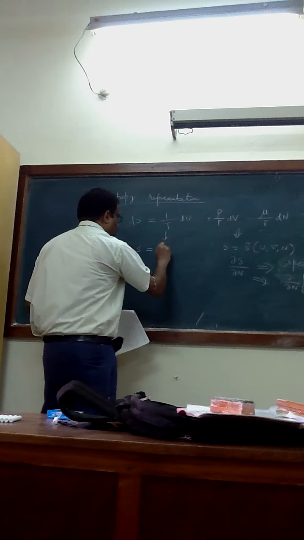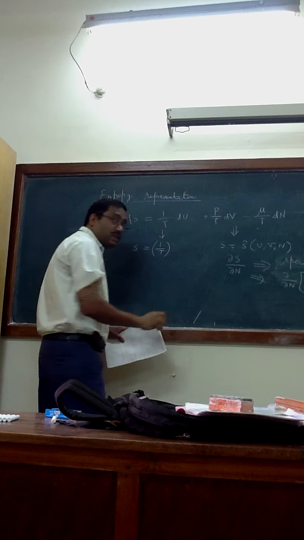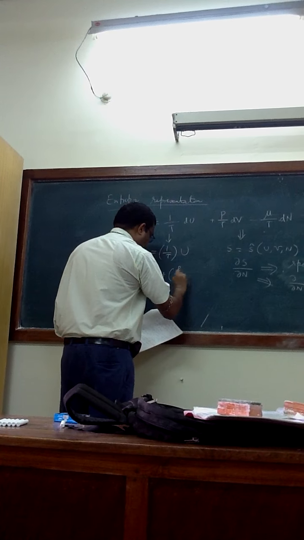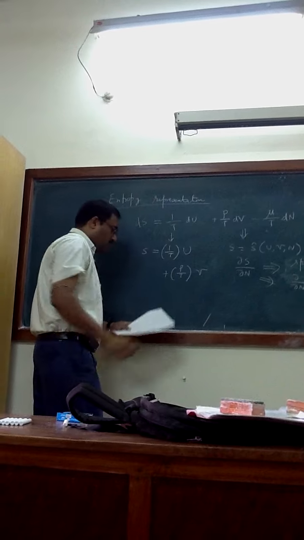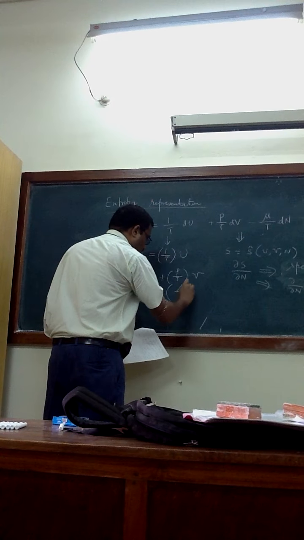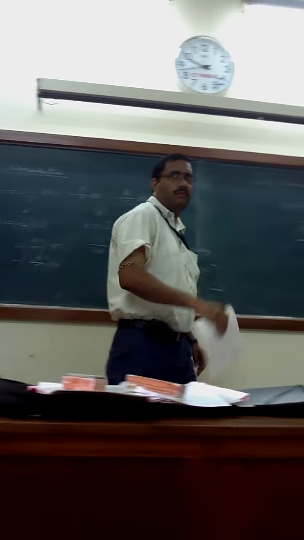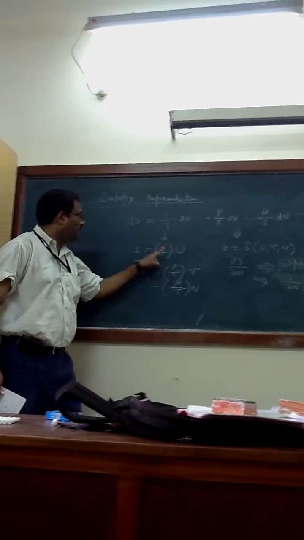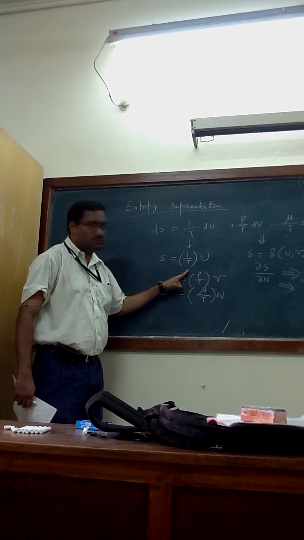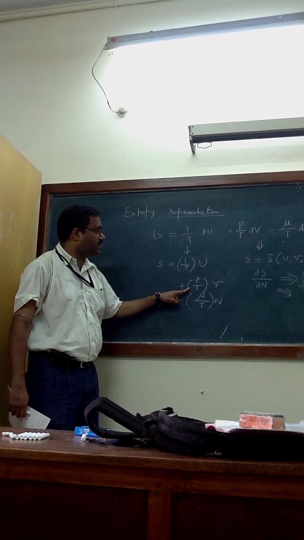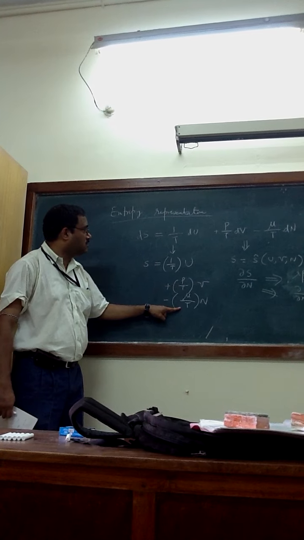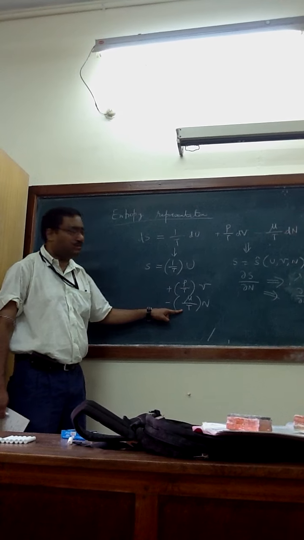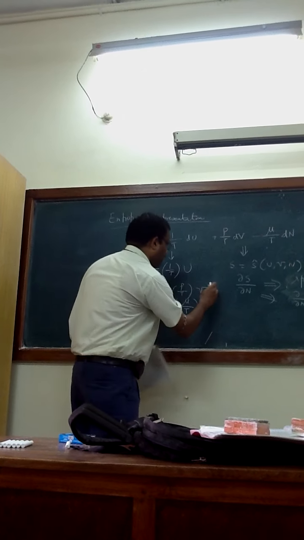S equals 1/T times U plus P/T times V minus μ/T times N. And this 1/T is acting like ∂S/∂U at fixed V and N, this is acting as ∂S/∂V at fixed N and U, and this is acting as ∂S/∂N at fixed U and V. That's the way Euler's theorem has been done, and this can be proved from here.